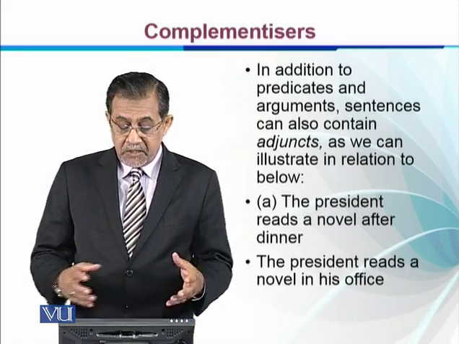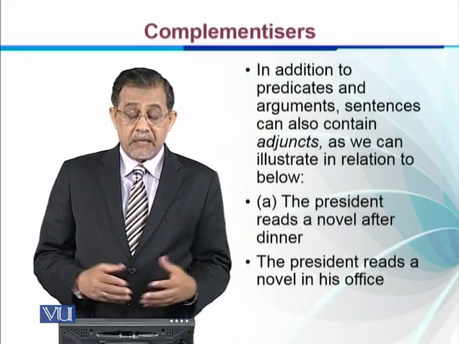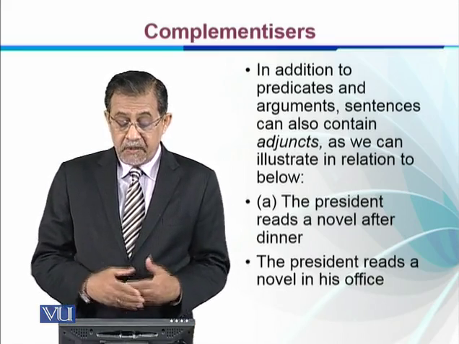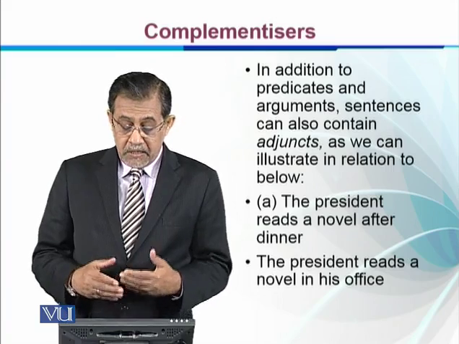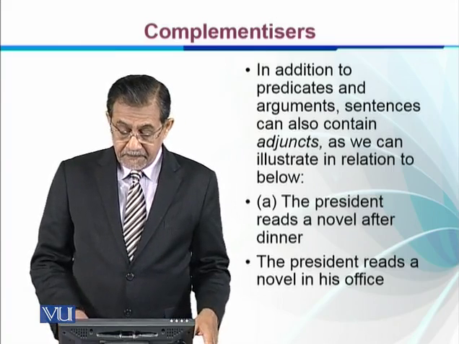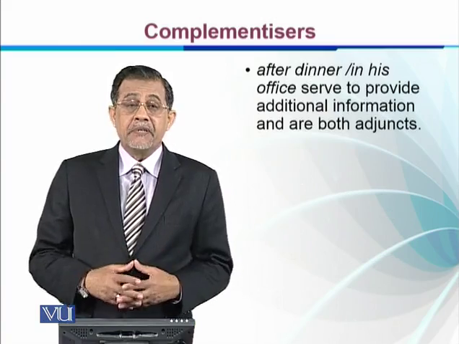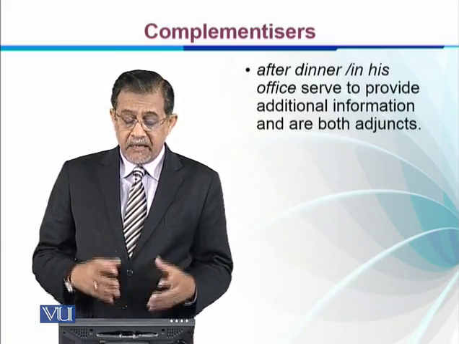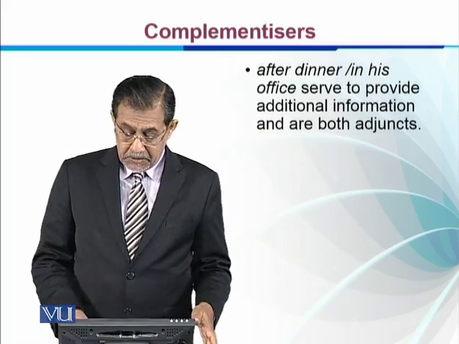Similarly, the president reads a novel in his office. The predicate reads has president and novel, but it has something more, in his office. So after dinner and in his office serve to provide additional information and are both adjuncts.